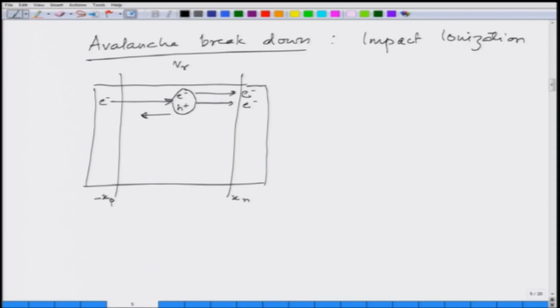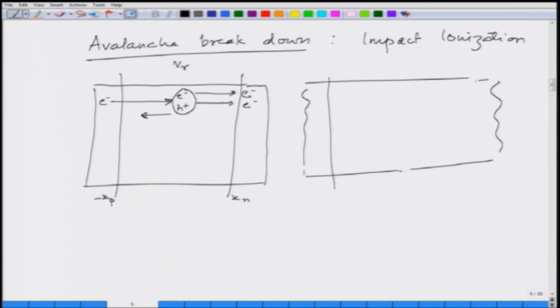Now, this may not seem so drastic, but if you have high enough voltage, then the electron created in one impact ionization event can again ionize the lattice. So, one can think of it in an actual p-n junction depletion region. An electron crossing the depletion region creates 1 electron hole pair here, 2 electrons move in this direction, 1 hole moves in this direction.